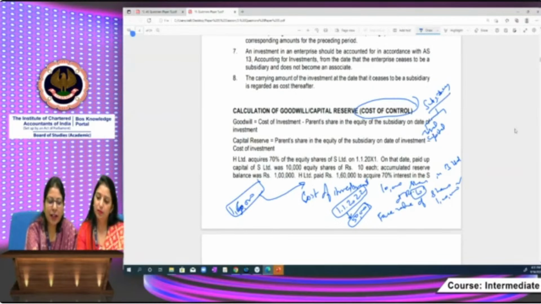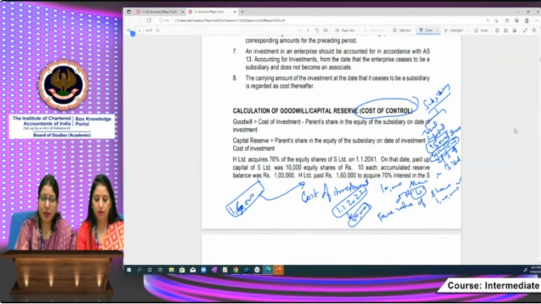Suppose the total capital of the subsidiary is 15,000 shares. What does it mean? It means I am holding 10,000 shares out of 15,000. The percentage of my holding in the subsidiary is 2/3.